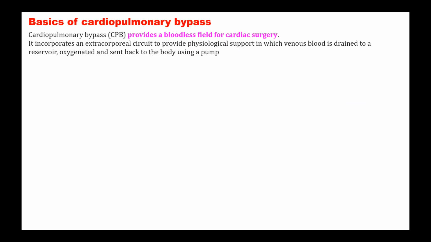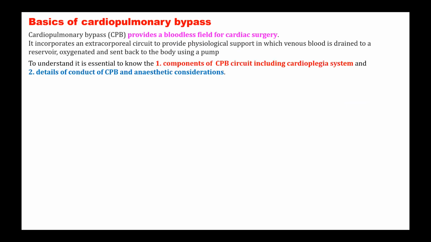So the action of the heart and lung is replaced by the extracorporeal circuit, and that is why it is called cardiopulmonary bypass surgery. To understand this, you should know the components of the cardiopulmonary bypass circuit, including the cardioplegia system, and the details of conduct of cardiopulmonary bypass and anesthetic considerations.